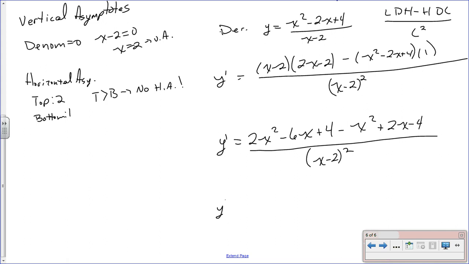Now, when you start combining, you get x squared minus 4x over x minus 2 squared, which will reduce: you can pull an x out of the top, x times x minus 4 over x minus 2 squared. So that's our derivative.